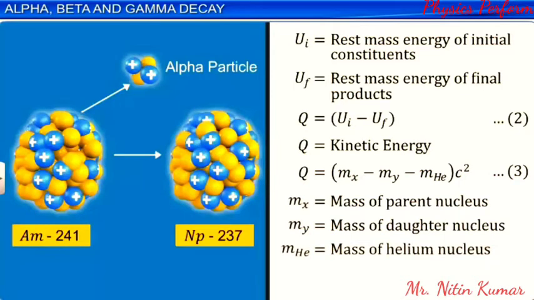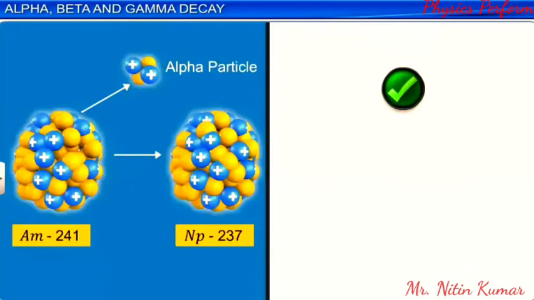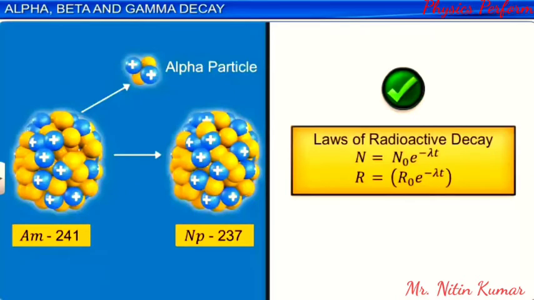Thus, the disintegration energy, Q, is shared by the daughter nucleus and the helium nucleus in the form of kinetic energy. Alpha decay obeys both the laws of radioactive decay, that is, N = N0 e^(-λt), and R = R0 e^(-λt), where λ is the decay constant.